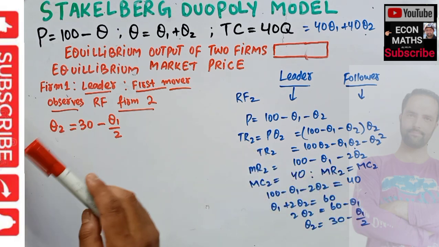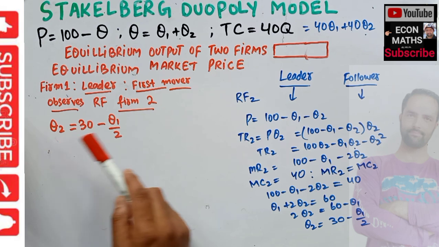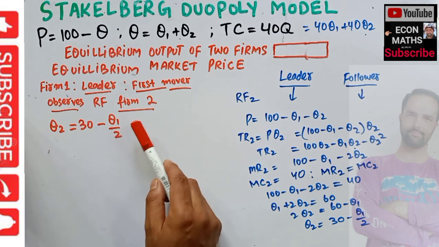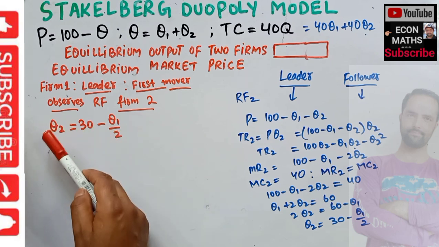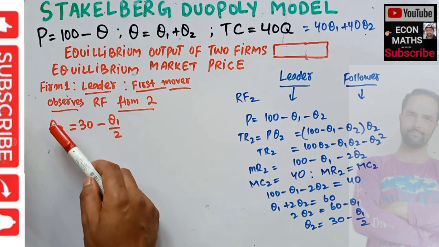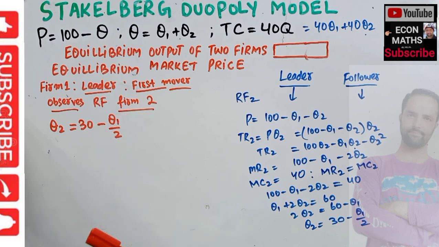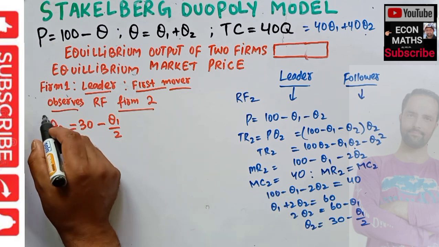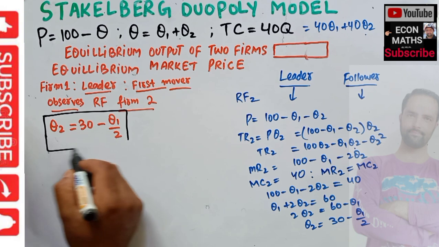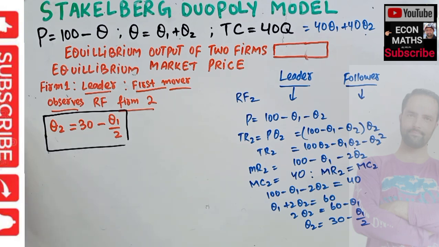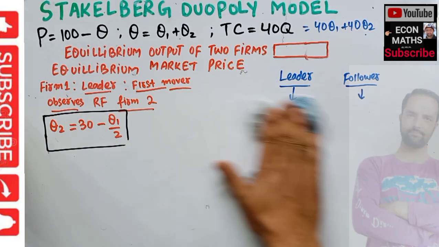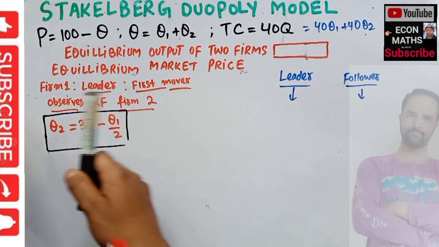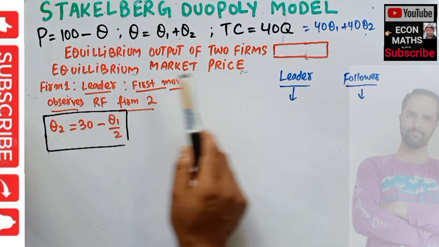It shows the best response of firm 2 to the output level decided by firm 1. How does firm 2 change its output level when firm 1 chooses its output level? This is shown by the reaction function. So the first thing to calculate the Stackelberg equilibrium is to take two firms, a leader firm and a follower firm.